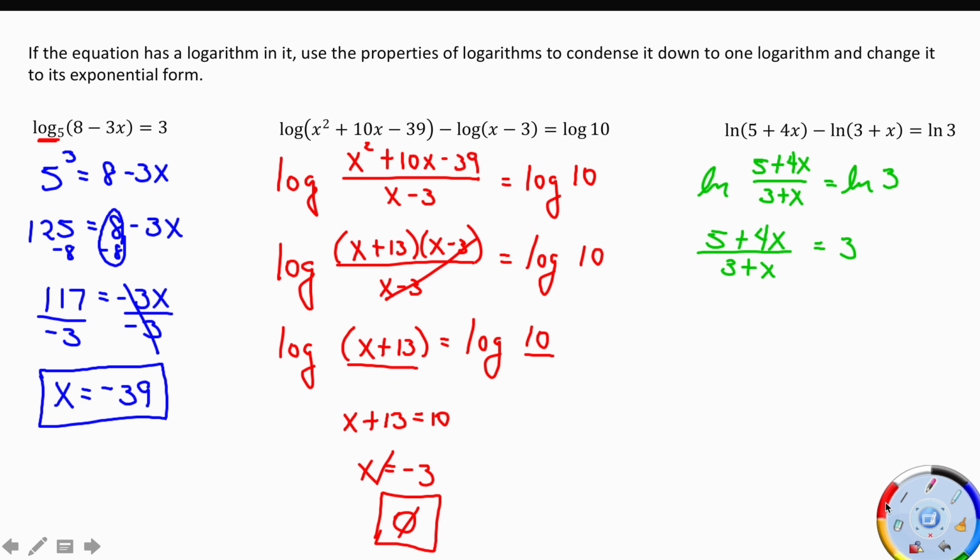So to solve this equation, let's multiply both sides by 3 plus x to get rid of that fraction. And we have 5 plus 4x equals 9 plus 3x.